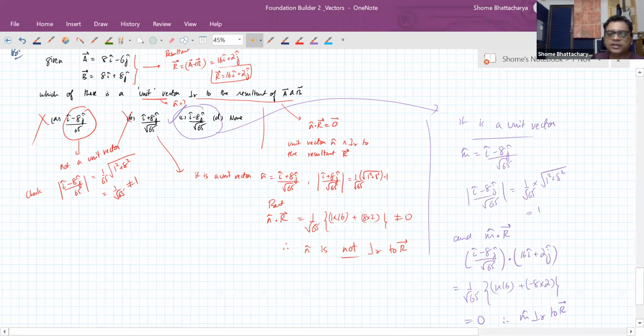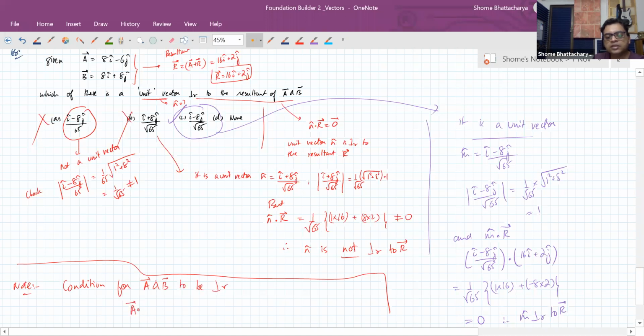The condition for perpendicularity we discussed last time. The condition for any two vectors A and B to be perpendicular is that their dot product should be 0, or in other words, ax into bx plus ay into by plus az into bz should be 0.